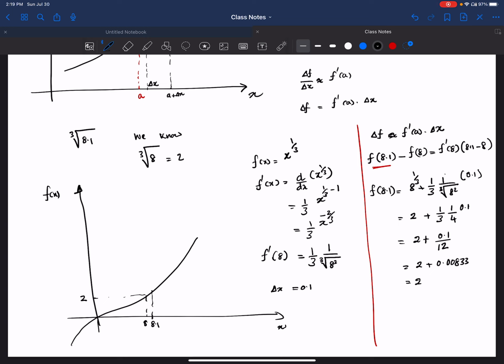So it gives me 2.00833. That's f of 8.1.